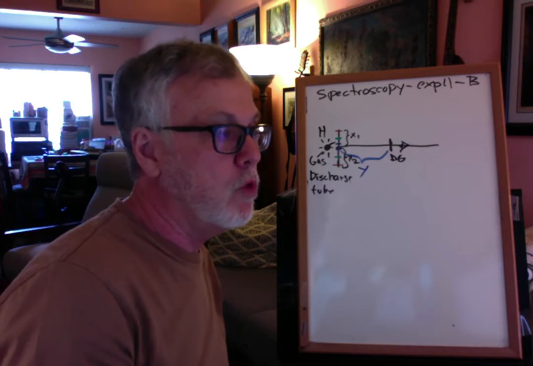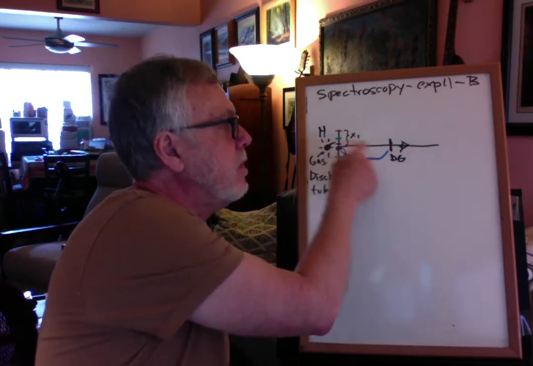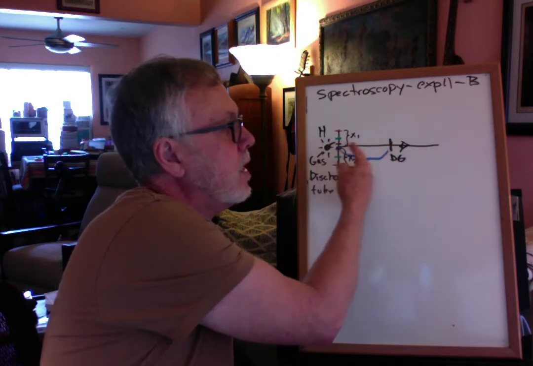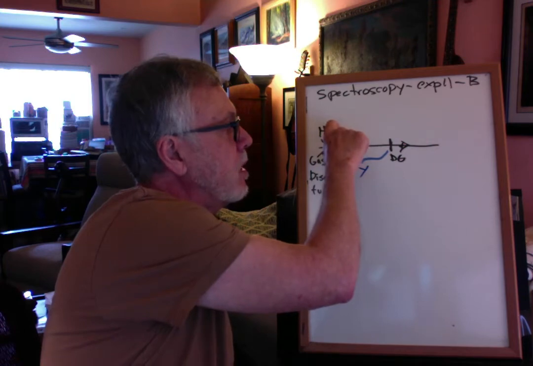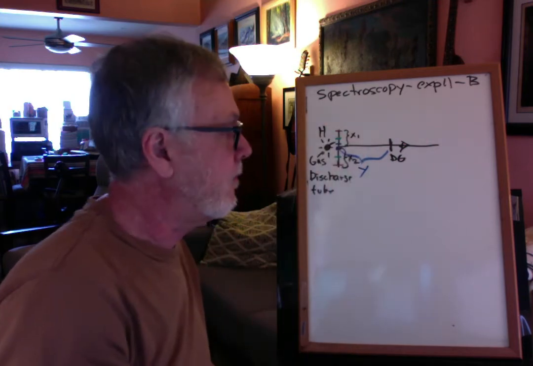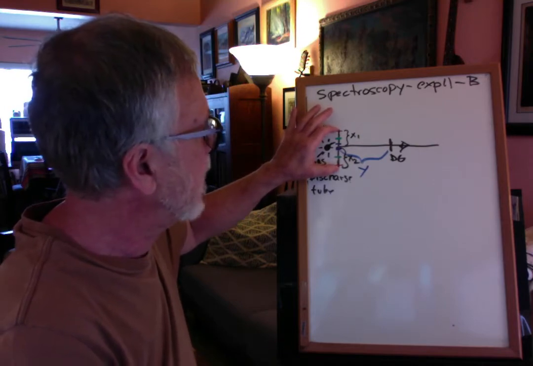Then you would remove the tube, replace it with the tube filled with helium, and move the diffraction grating back and forth until the spectral lines are spread out, still falling on the small cross ruler but not going off.